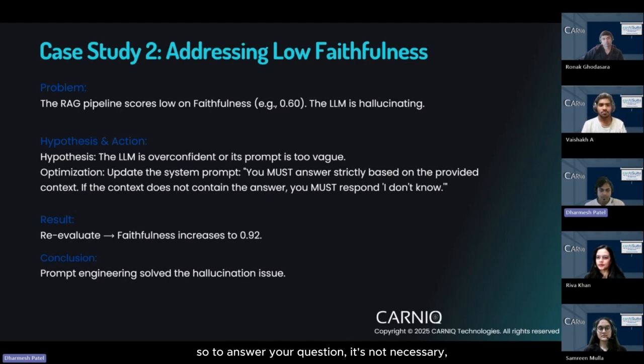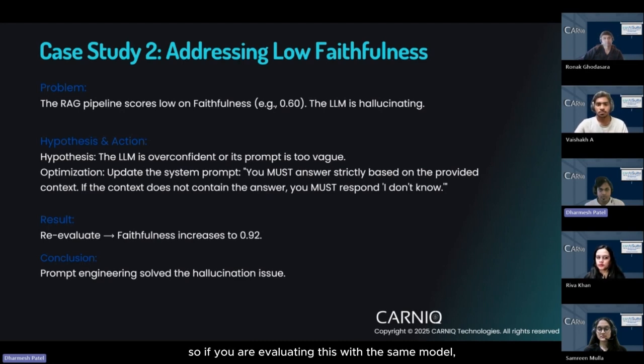To answer your question, it's not necessary. In fact, it is often better to use a more capable model as a judge to ensure that the evaluation is as accurate as possible. But the evaluation happens separately from your actual application workflow.